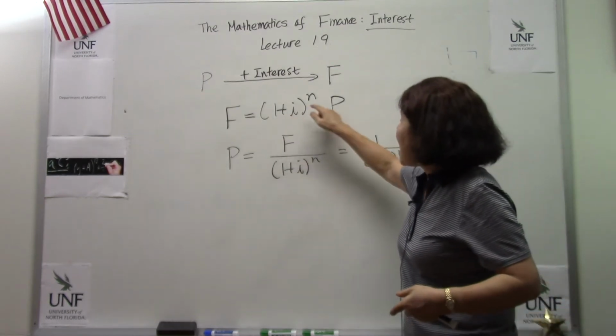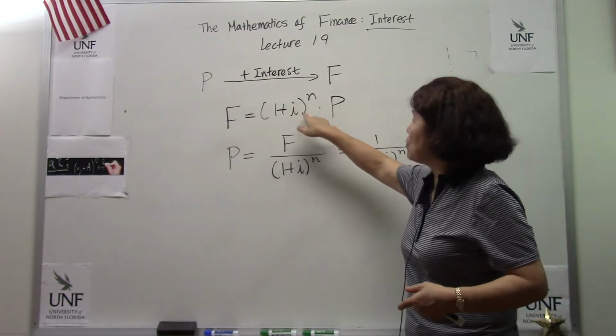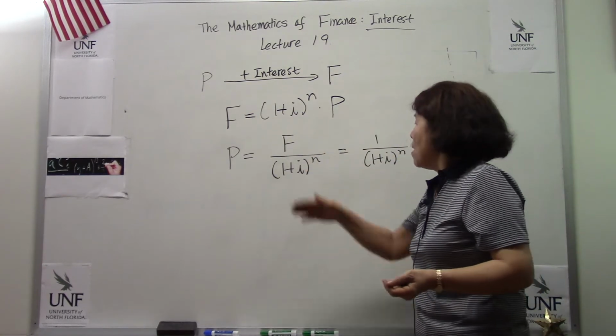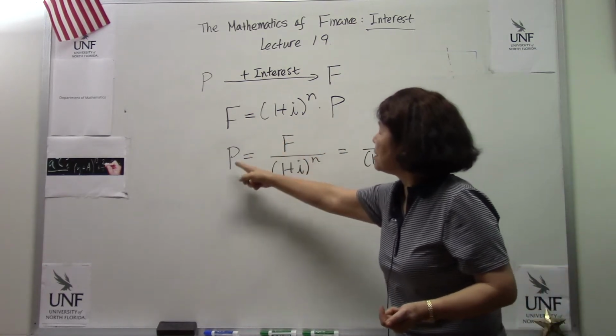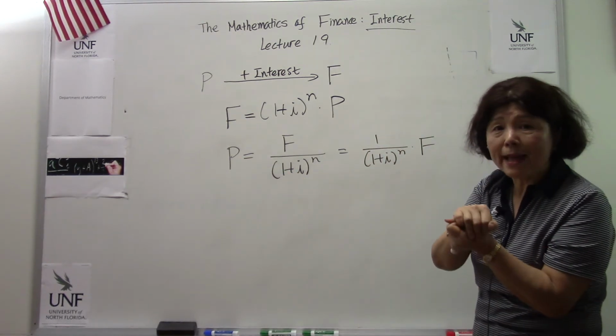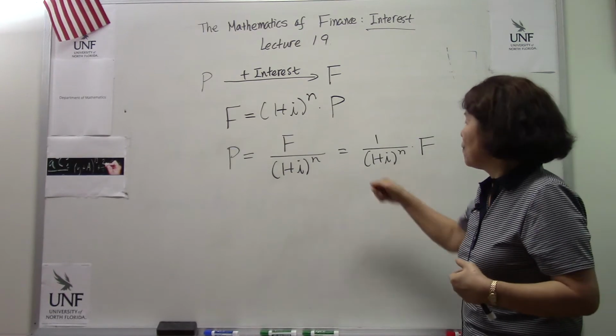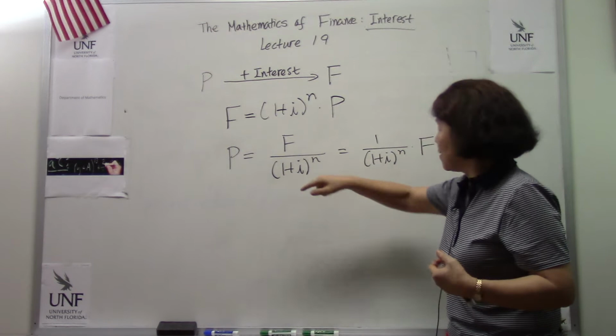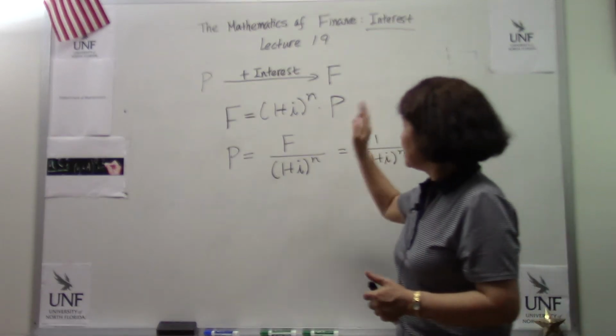So 1 plus I to the n is larger than 1, so it acts like a multiplying factor. On the other hand, when you compute the present value, it is always less than the future value, therefore you divide the future value by the same thing. Okay, so this is a formula.